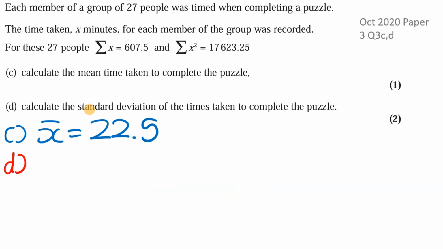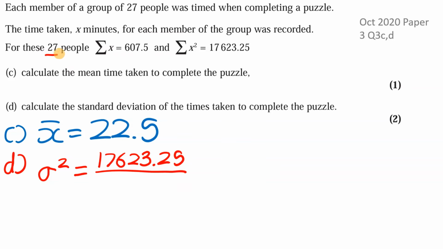Okay, and then for part D, we need to calculate the standard deviation, okay? So we need to first calculate variance. So this is sigma squared is equal to sigma x squared, which is 17623.25, and this is over n, which as we've already talked about is 27, and then this is minus the mean squared, and we know the mean is 22.5, so it's this squared.